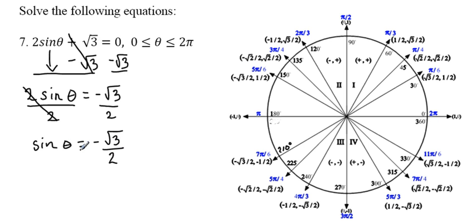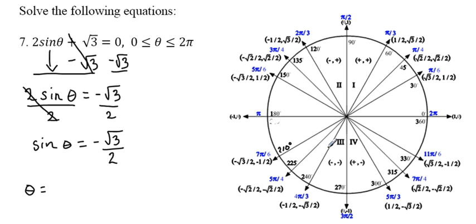Now, in order to get our answers for theta, we will look at our unit circle that's here to the right, and recall that sine corresponds to the y values of the unit circle, so we have to look on the unit circle to see where we can get a y value of negative radical 3 over 2, and those two places are going to be in the third and the fourth quadrant.